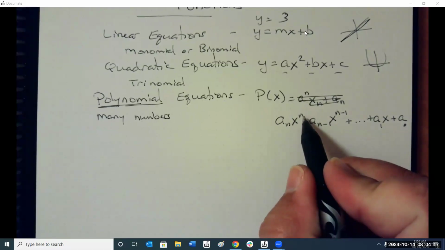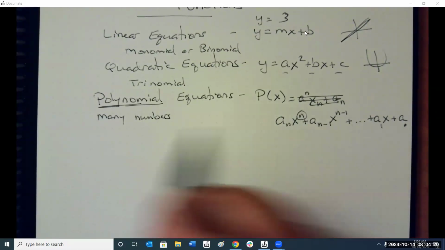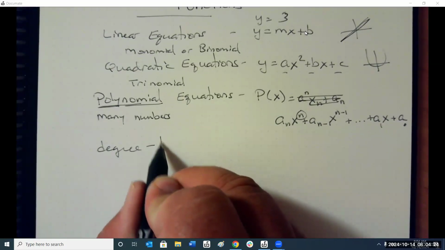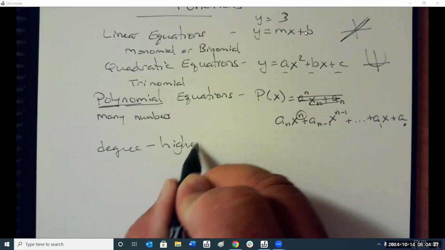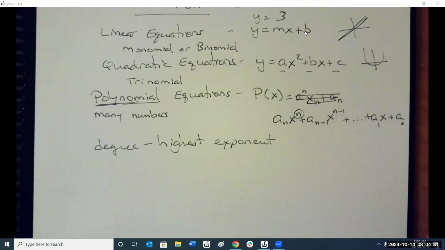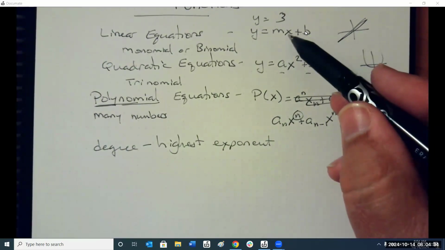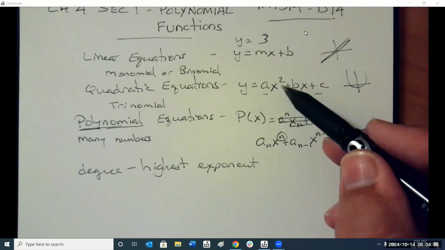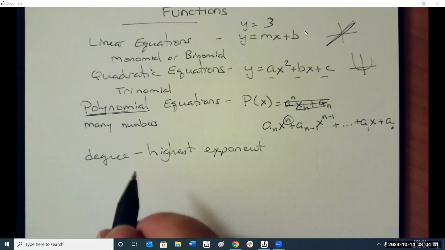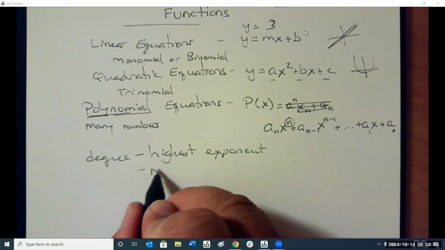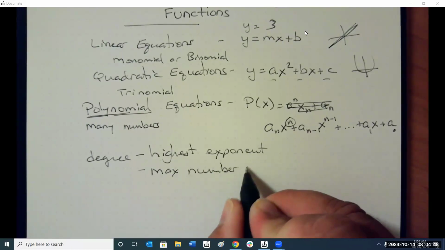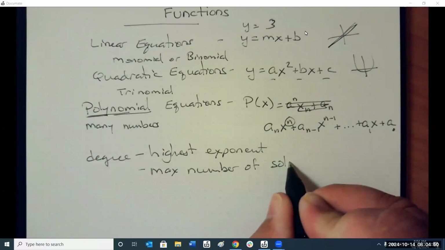We can have to the degree. Remember, that's the highest exponent. It used to be 1, then it became 2, and now it's anything higher than 2. The degree tells us the maximum number of solutions.